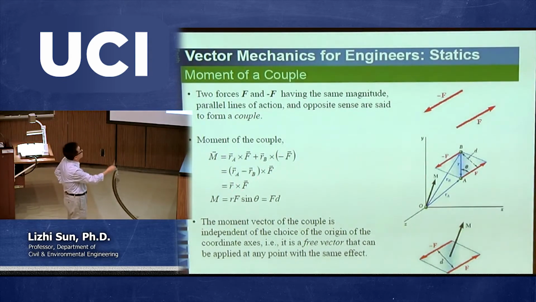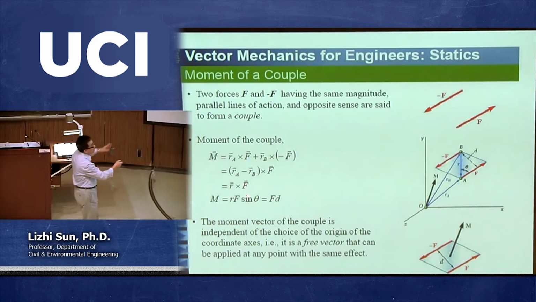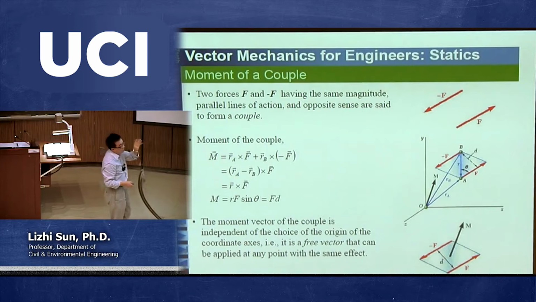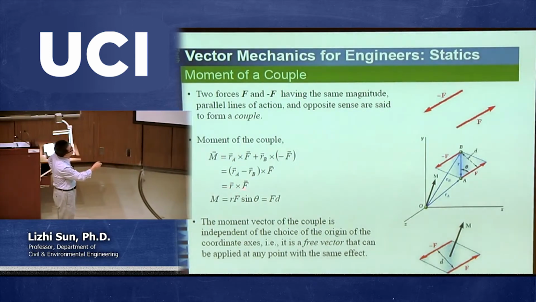Okay? The bottom line is, if you assume this is the first force and this is the second force, then the distance vector is from any point of the second force direction to any point in the first force direction. That's called R, and then cross the first force. Further, because sometimes we deal with a two-dimensional problem, we still try to find what we call the short distance. So if that's the case, what is R cross F?